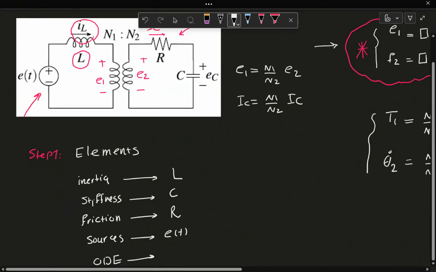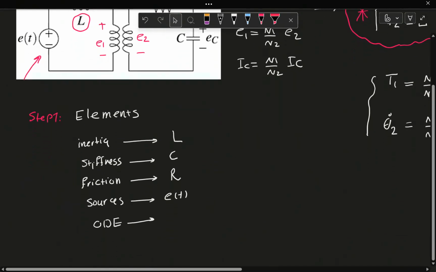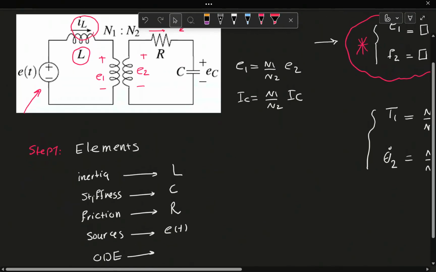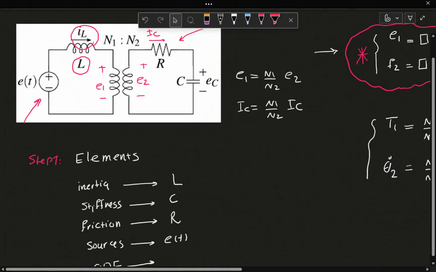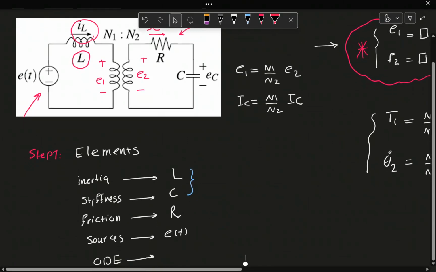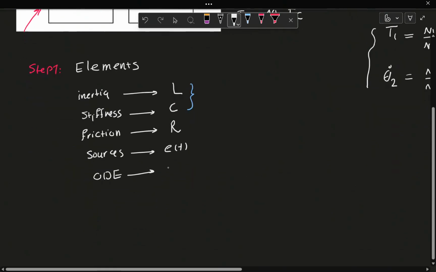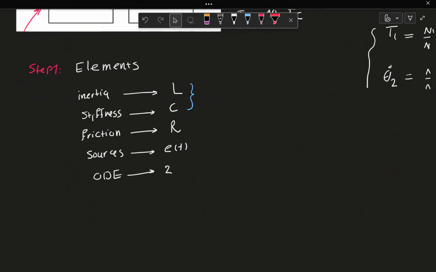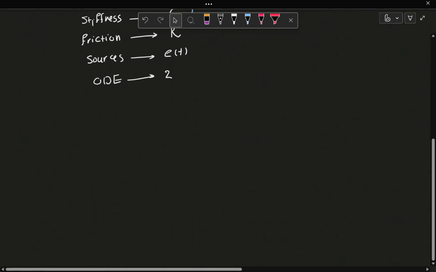And at last, I need to comment on the number of ODEs. Look at this. I have 1 and 2 energy storing elements, so I would probably need 2 ODEs. So, let's go to our problem and see what we have here for dynamic variables.